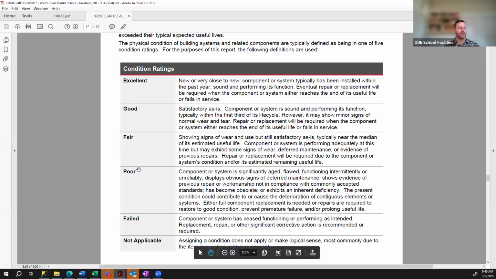If you're unsure how they're doing that, or if you have a disagreement, for example, the garage on this report, I don't remember if it said fair or poor, but they're also saying it needs to be replaced in a few years. So maybe it should be poor for most of those systems, and not fair or good. So if you do have issues with those, please let us know as well.